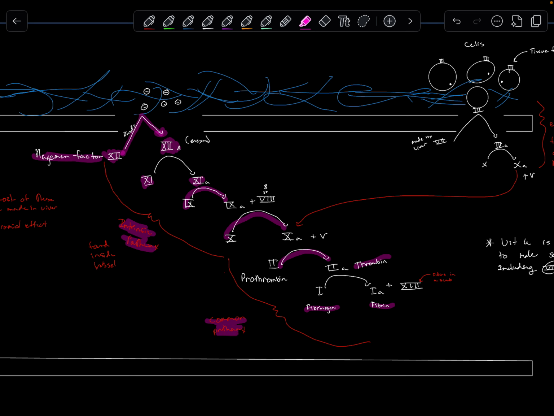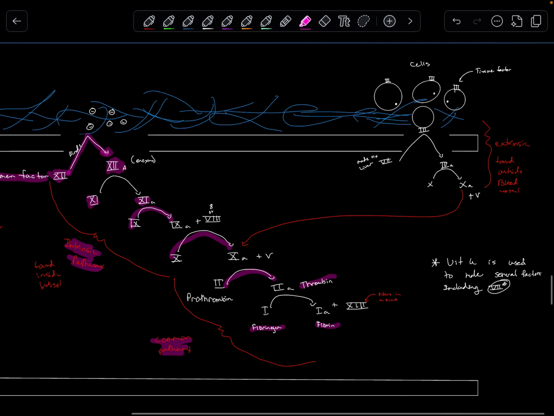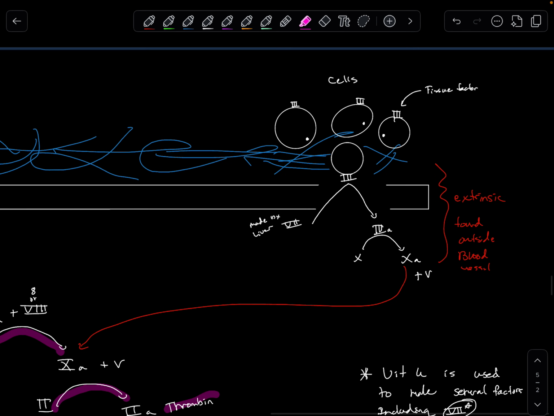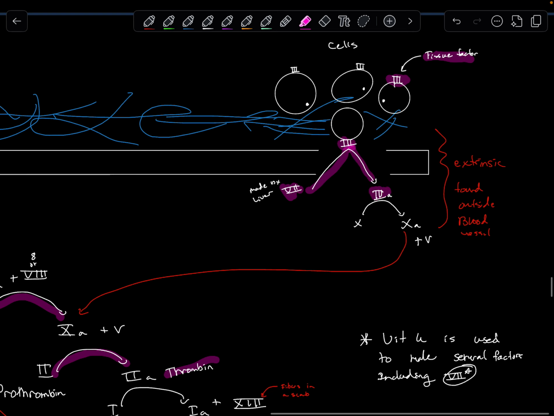Intrinsic means in, so it's activated within. Extrinsic means there's something outside that's activating it. So the cells are ones that have this factor 3, which is called tissue factor. So factor 7, which is made by the liver, comes in. It's activated by factor 3, which makes factor 3A.